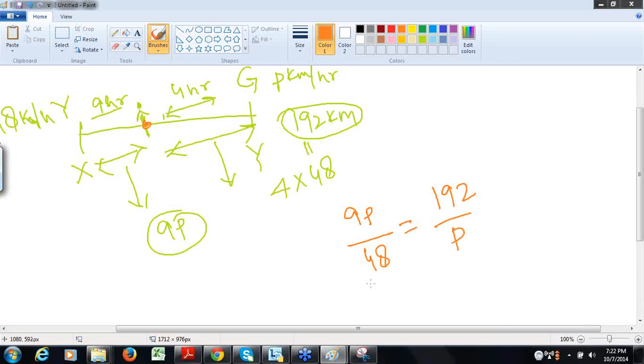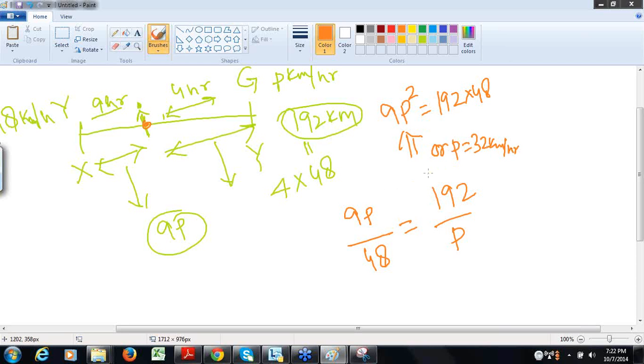Everybody clear with this? Which implies 9P square is equal to 192 into 48, or P is equal to 32 km per hour.